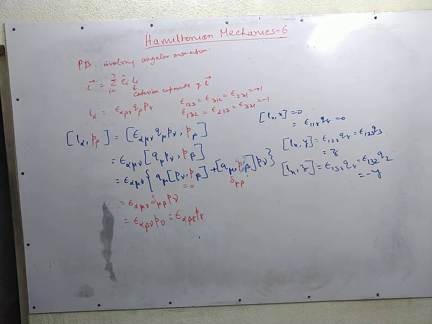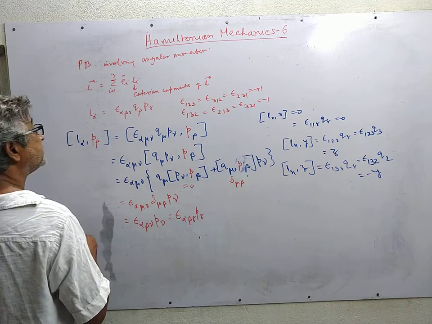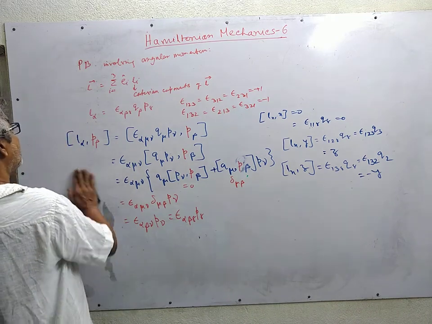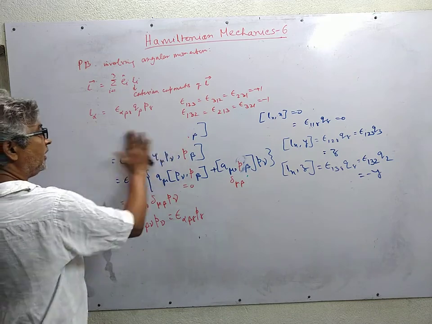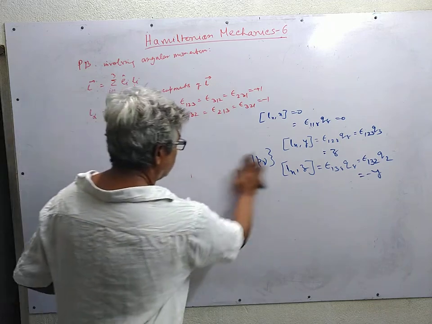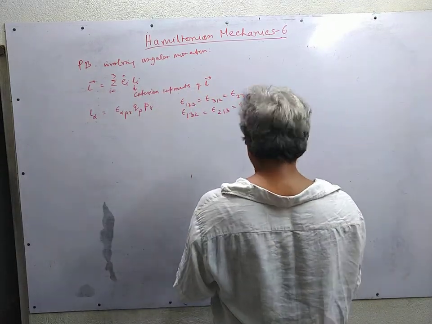Now finally we come to the complicated relation, that is the Poisson bracket of L alpha, L beta derivation. Before doing that, we shall remember the 2 relations that we have already derived.